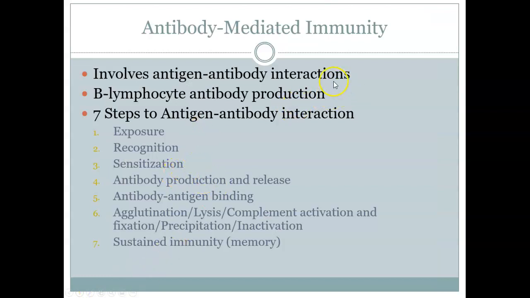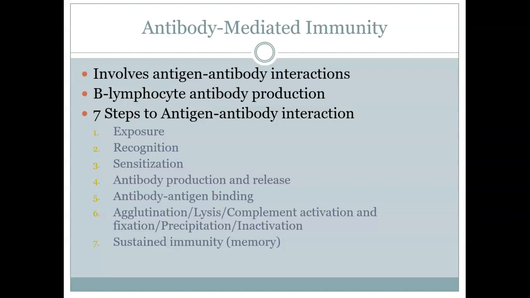All right. There are 7 steps to antigen-antibody interaction. You don't need to memorize these, but just know, in essence, what happens in antibody-mediated immunity. First, we have exposure of the antigen, in large numbers that overwhelm the inflammatory response. Then recognition, where the B cell recognizes that antigen as non-self.